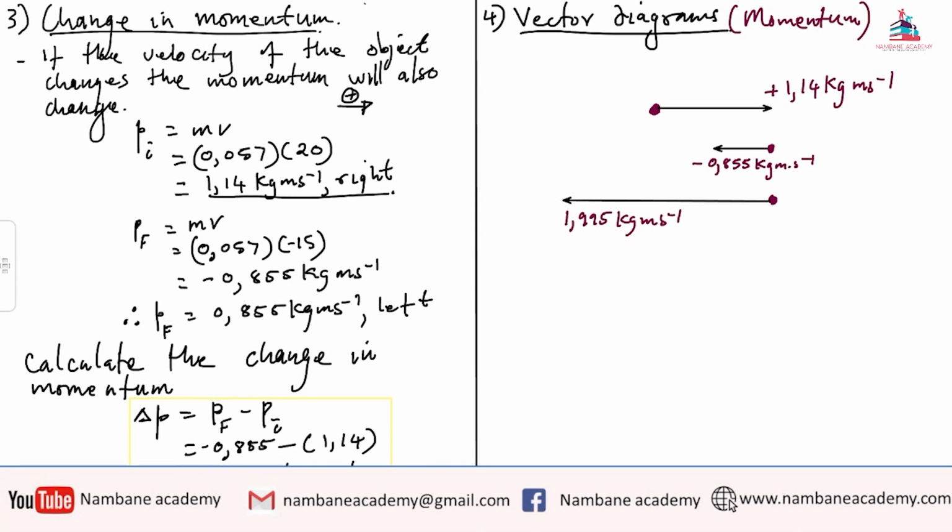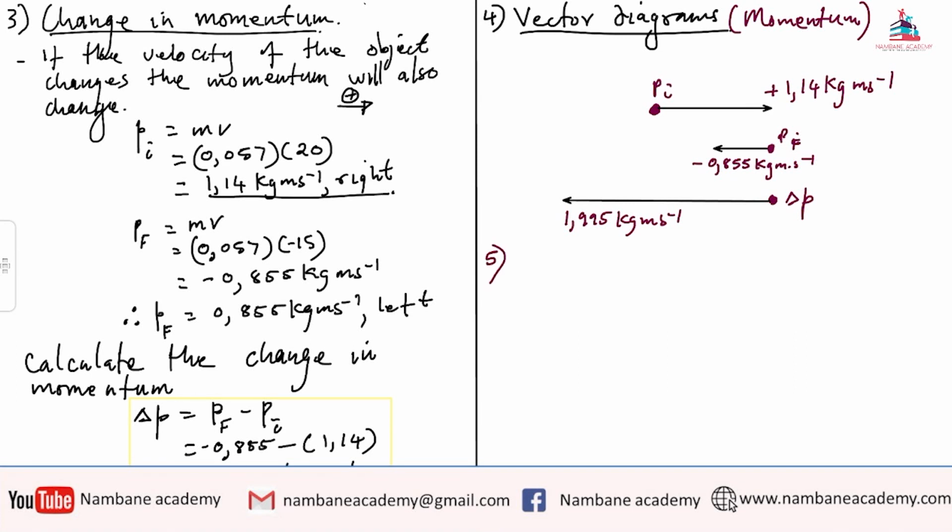And then it makes a lot of sense to say, yes, this is now P initial, this is now P final, and this is now the change in momentum. So ladies and gentlemen, you will be expected to draw such vector diagrams. Very, very important.